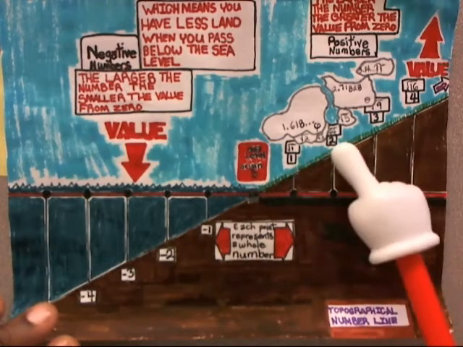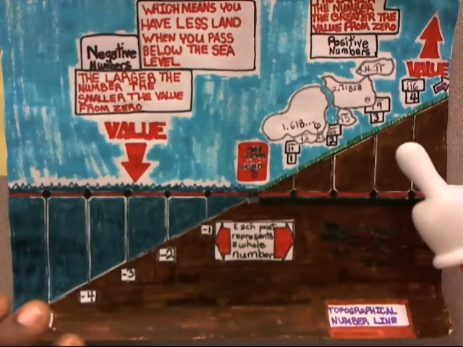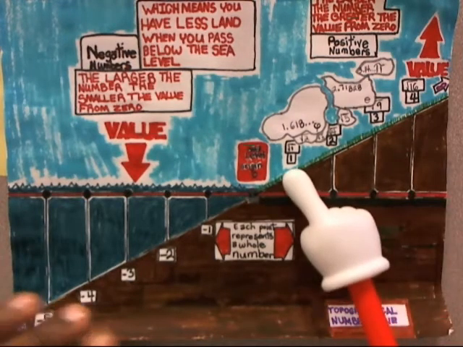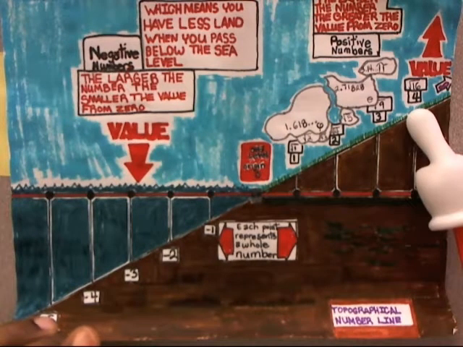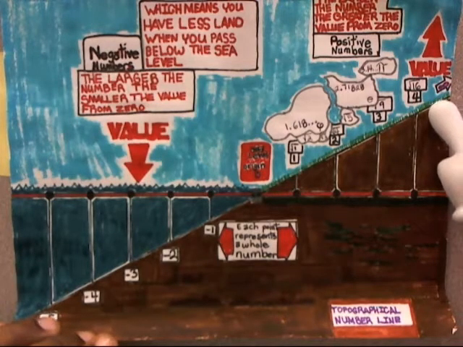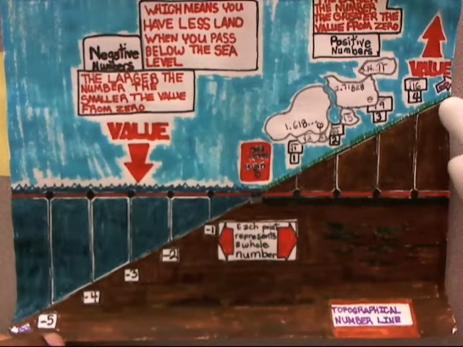So the numbers are representing the value of the land. So you've got 1, 2, 3, and 4, and then you have a sign here. This sign is called the infinity sign. It means that it goes on forever and ever. That's a big number, but that's also why we have scientific notation. That will be for another lesson.